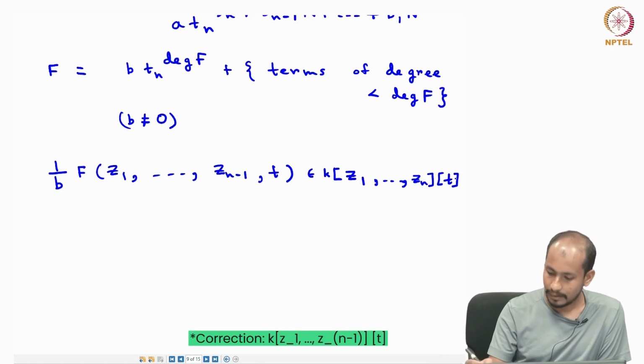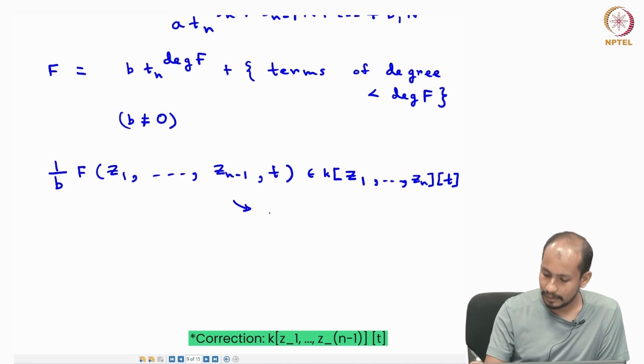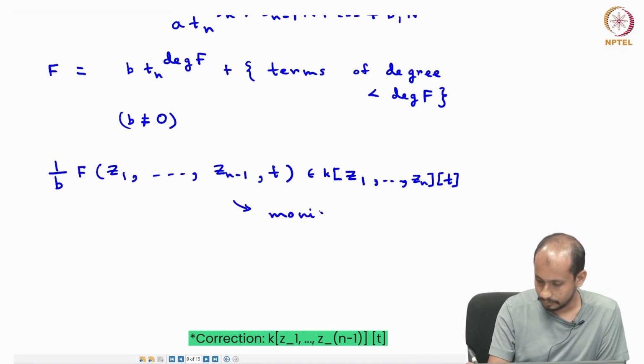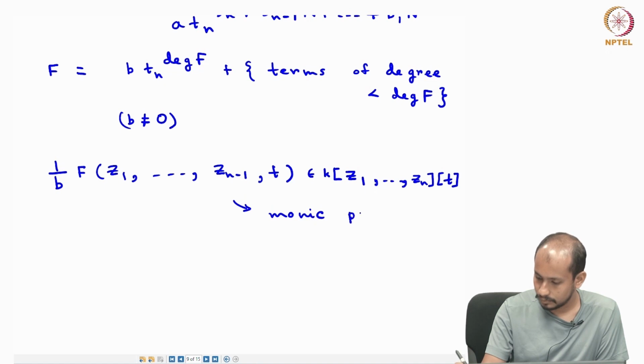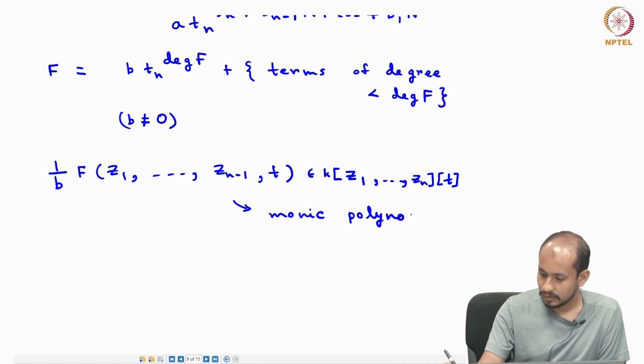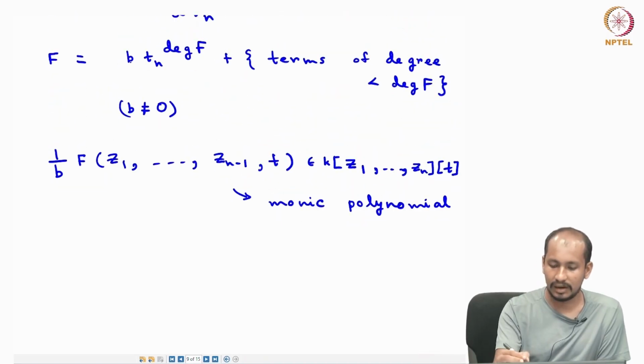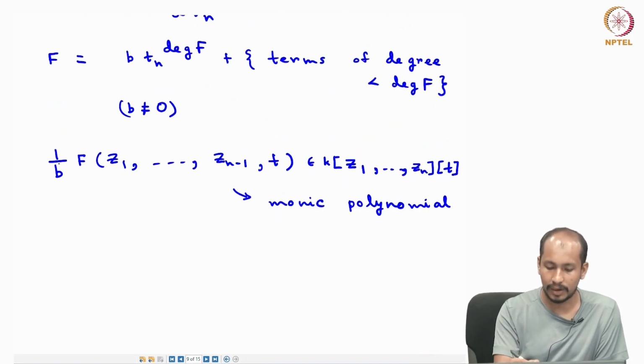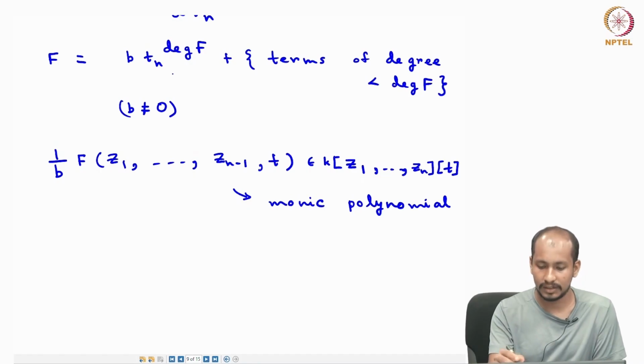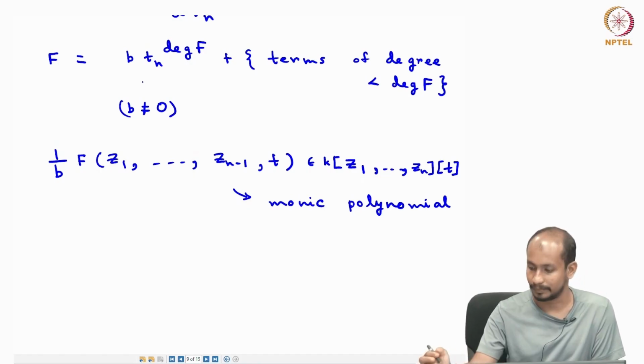So this is a monic polynomial, because we multiplied with 1 by b, so its leading coefficient will be 1.